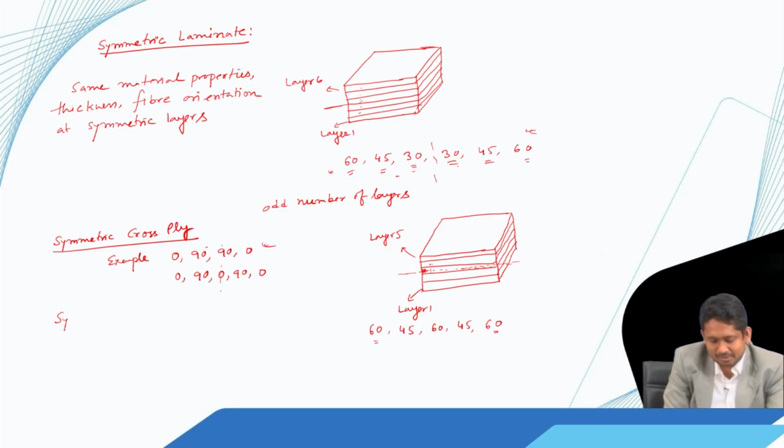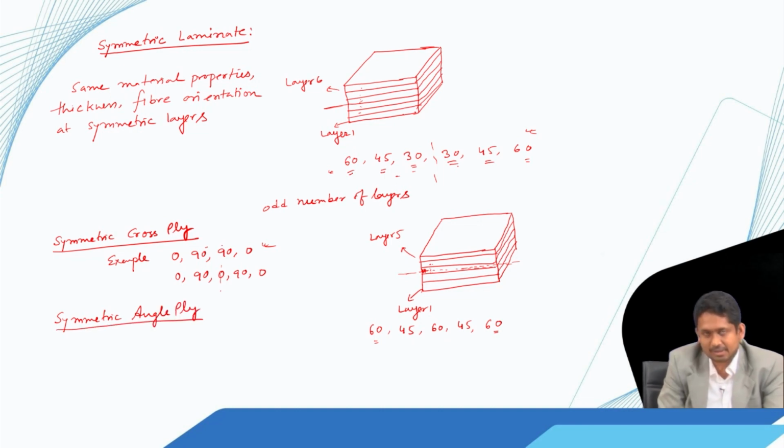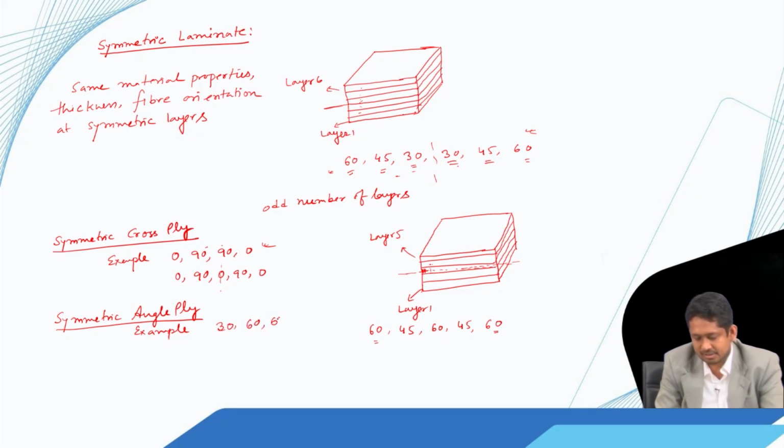Similarly, there can be symmetric angle ply also. Again the name suggests everything, it is symmetric as well as it is angle ply. So, it is for example 30, 60, 60, 30, this can be a symmetric angle ply laminate.